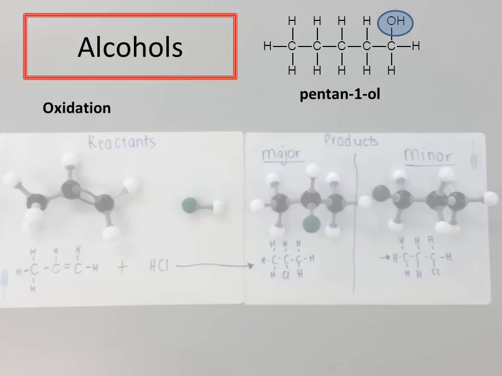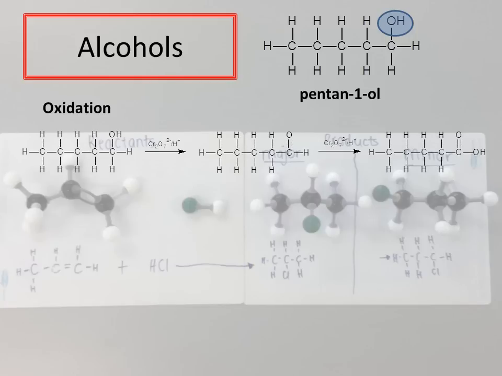Right, the first type of reaction that alcohols undergo that we're going to go over here is oxidation. Now, for oxidation we're going to use the oxidizing agent acidified dichromate, Cr2O7 2-.